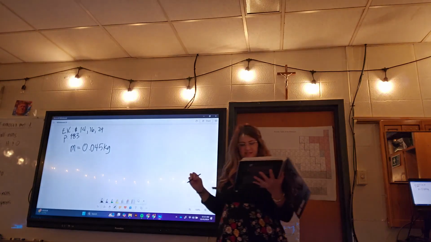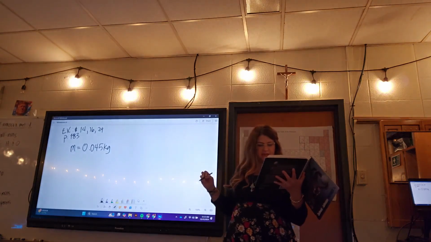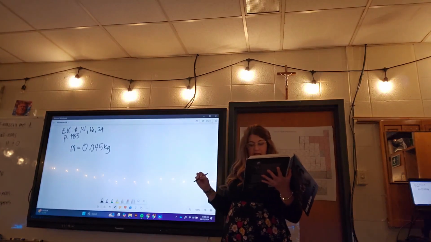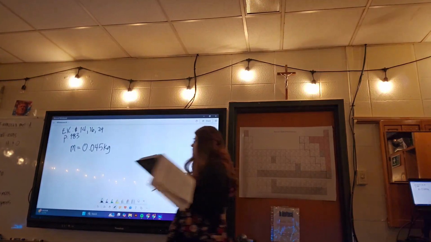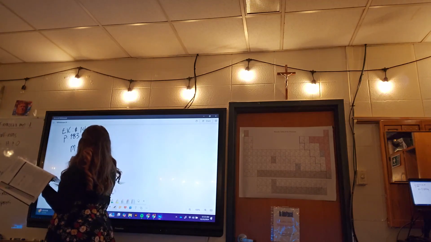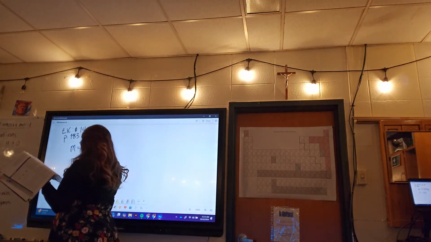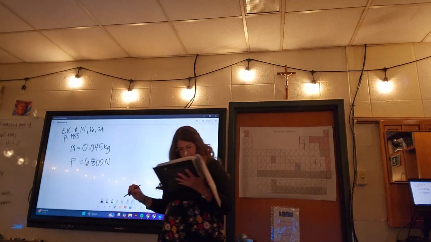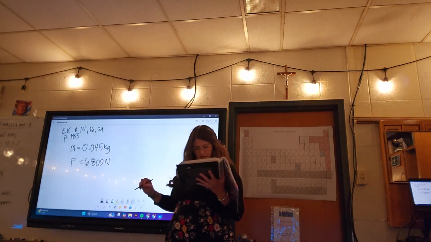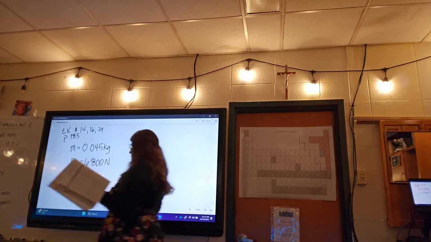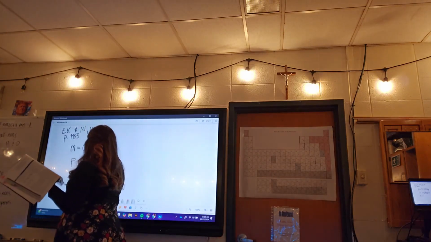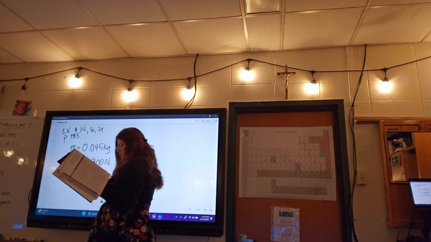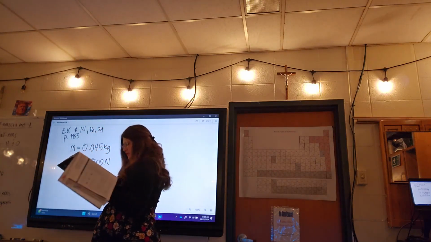For simplicity, assume that the average net force applied to the ball acts parallel to the ball's motion and has a magnitude of 6,800 newtons. Wow. And is in contact with the ball for a distance, I'm going to use x, this many meters. What speed does the ball leave the club?